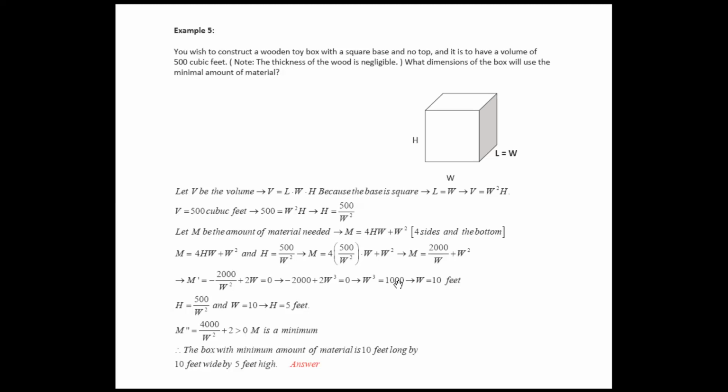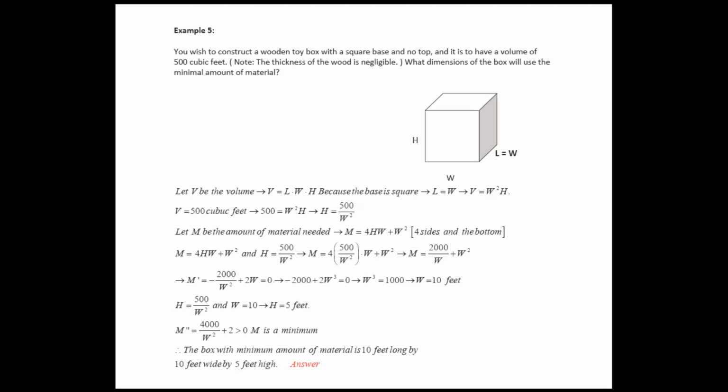Just follow along, or if you're having trouble keeping up, stop the frame and look at it, make sure it makes sense to you. And then we want to find W. That's going to be the cube root of 1,000. Well, it turns out nicely that since 10 times 10 is 100 times 10 is 1,000, W is 10 feet.